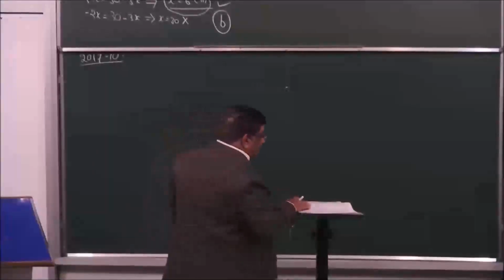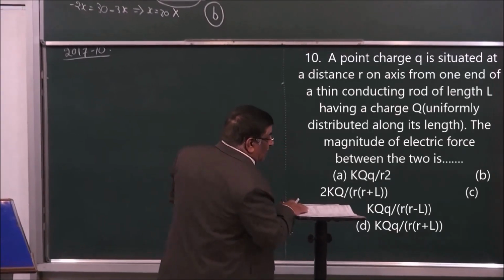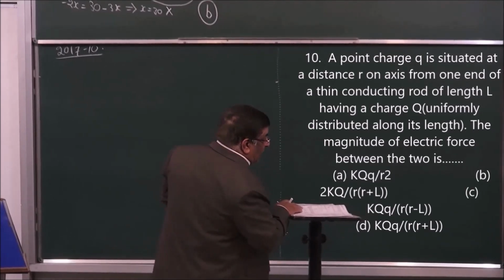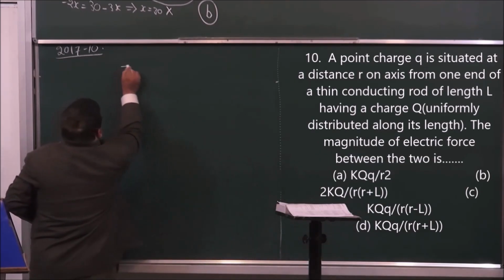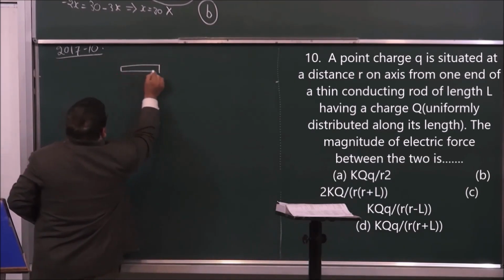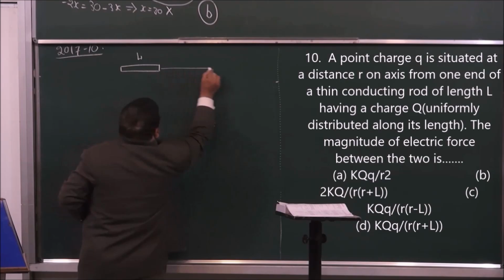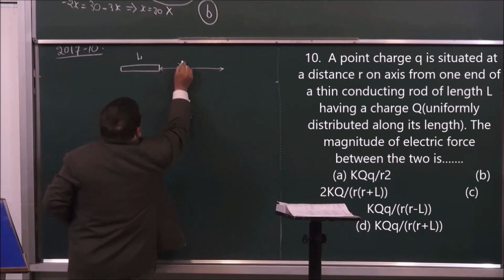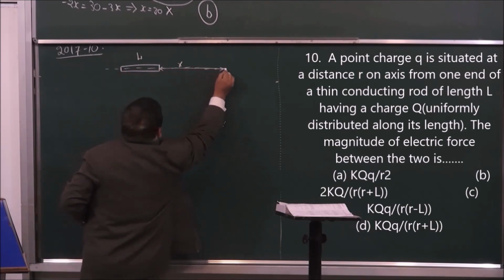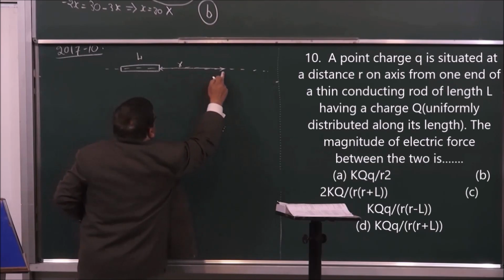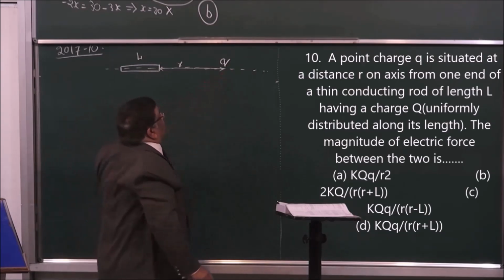Okay, this question reads: a point charge Q, small q, is situated at a distance r on the axis from one end of a thin conducting rod of length capital L. Here, a thin rod, it has a length L. From one end there is a distance r, and here on the axis, this is the axis, at distance r, here charge q, small q, is located at this point.